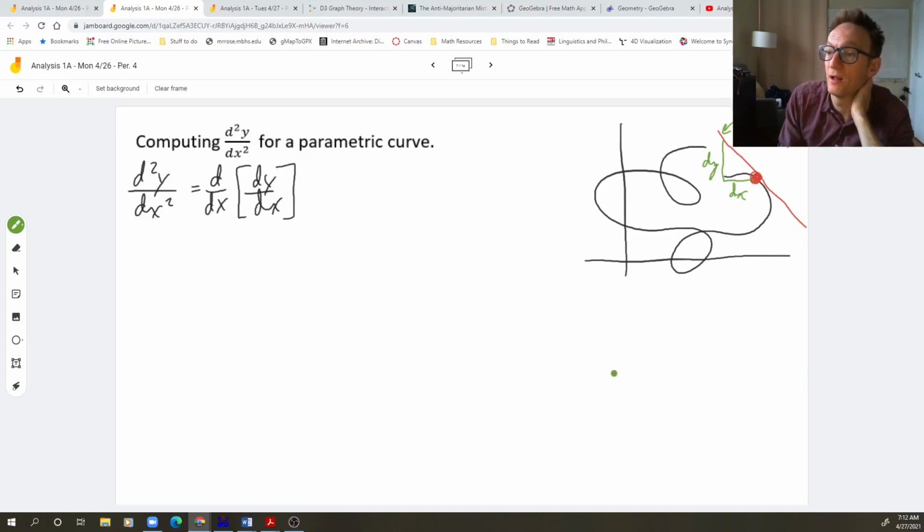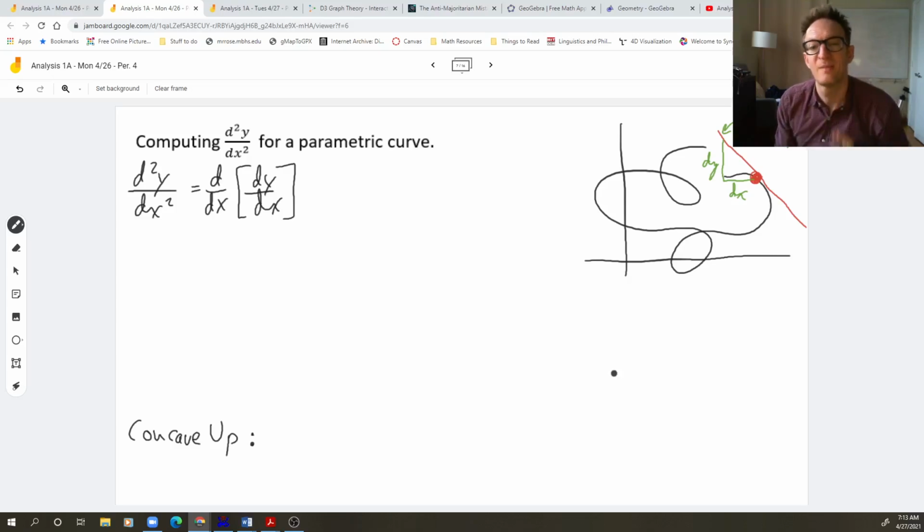Well, I want to know whether this thing is concave up or concave down. I said tangent lines lie below the curve, but that definition's not quite good enough anymore because the curve might not even be a function. So maybe we should revert back to the book's definition of concave up, which is that the derivatives are increasing.